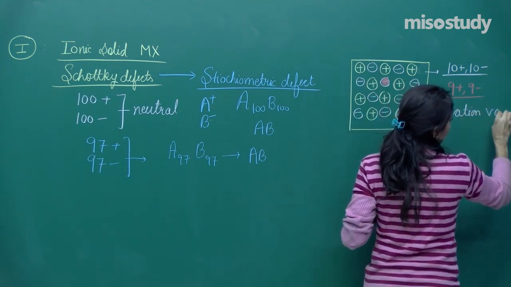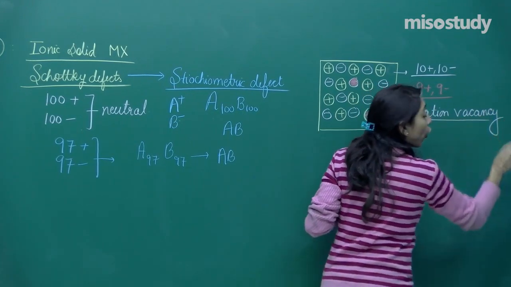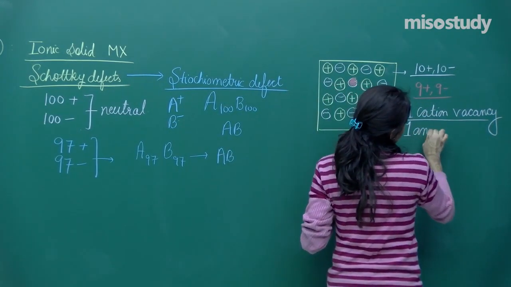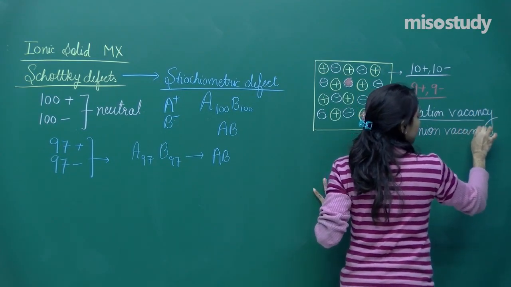cation vacancy was created, in order to balance the charges, one anion vacancy was also created.